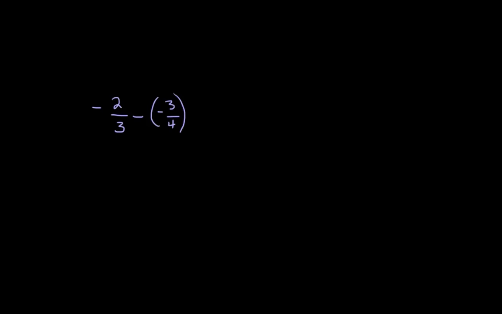We need to find our common denominator between 4 and 3, which is 12. So for both fractions, my new denominator is going to be 12. 3 times 4 gave me 12, so I have to multiply 2 by 4. So negative 2 times 4 is a negative 8.